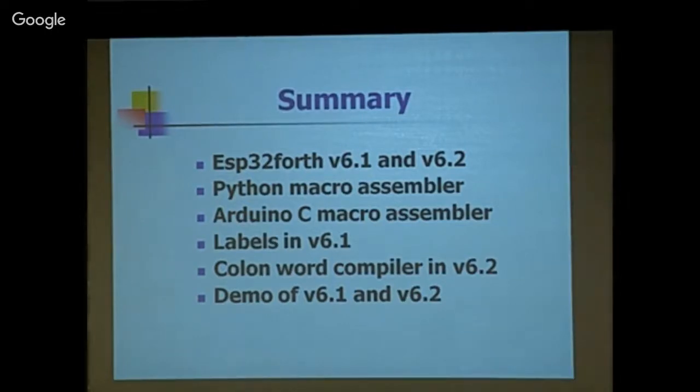And then finally I felt, well, if you use labels, the assembler has to run twice. In the first pass, you get the locations of all the variables, all the target addresses. And in the second pass, you can assemble the correct target addresses.